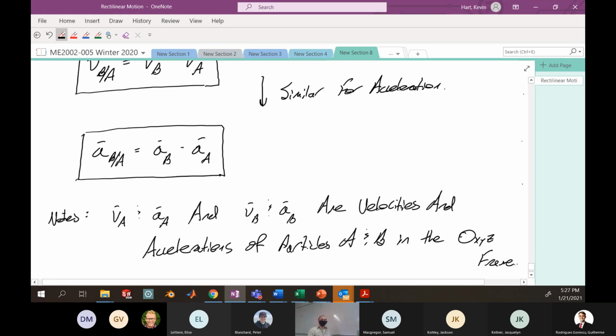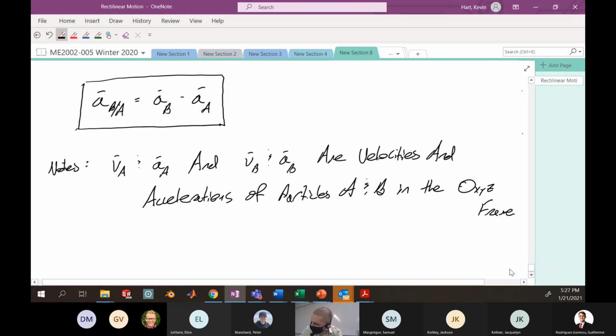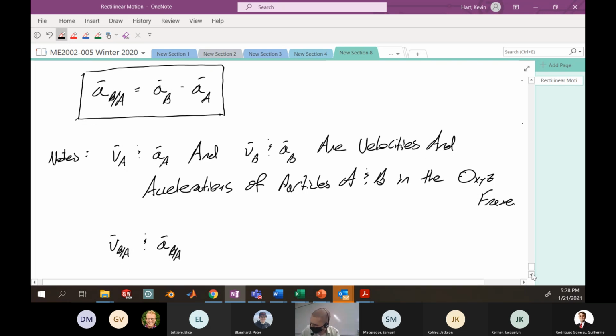That is your fixed coordinate frame, all right? It's fixed in space. It's not moving around. The other guys, VBA and ABA, this is the velocity and acceleration of particle B with respect to A in the A, X prime, Y prime, Z prime frame.